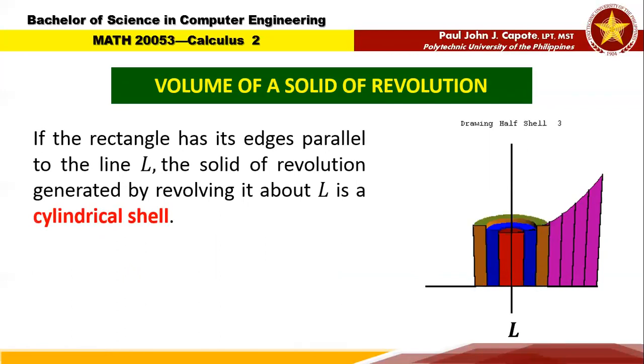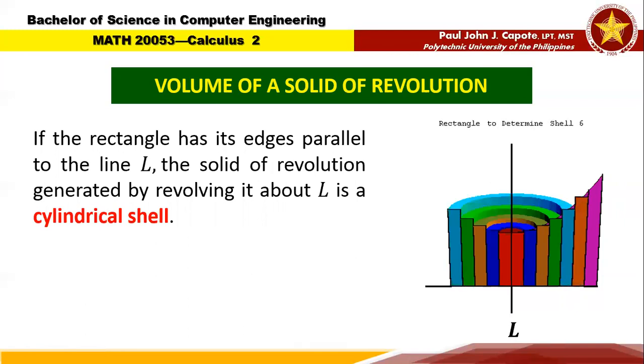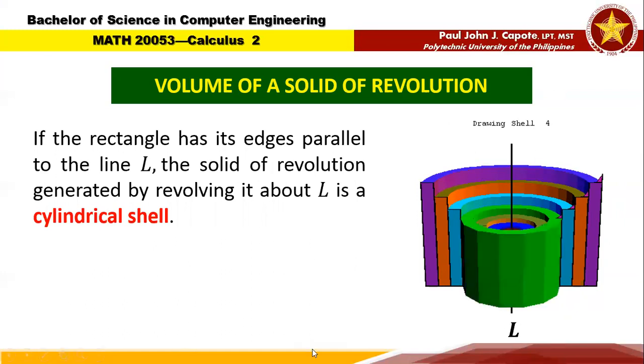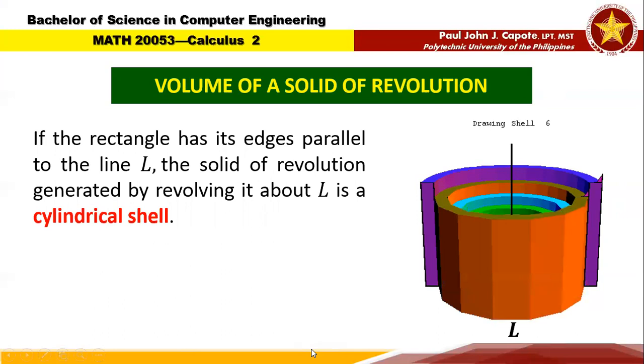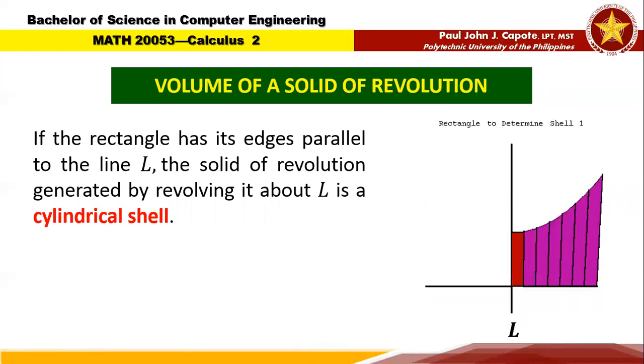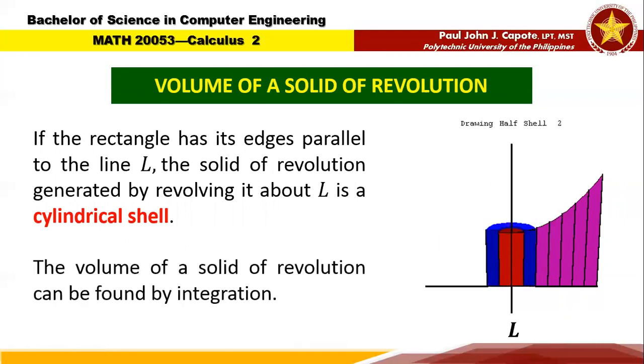If the rectangle has its edges parallel to the line L, then the solid of revolution generated by revolving it about L is a cylindrical shell. What we have on the right is an example of a cylindrical shell. Now, the volume of a solid of revolution can be found by integration.